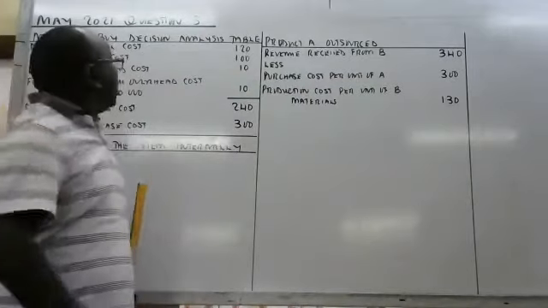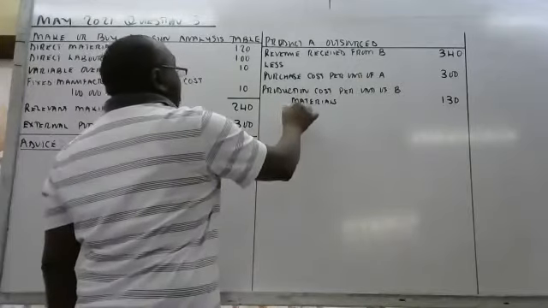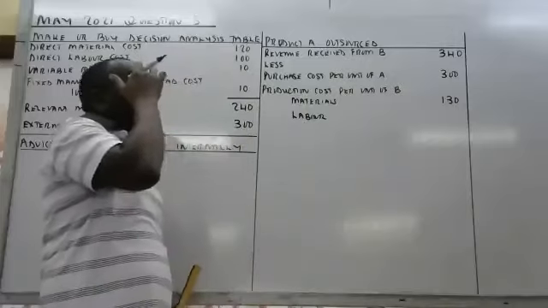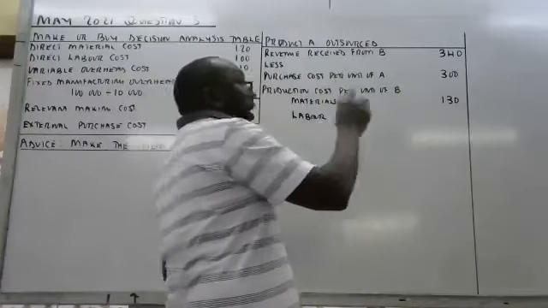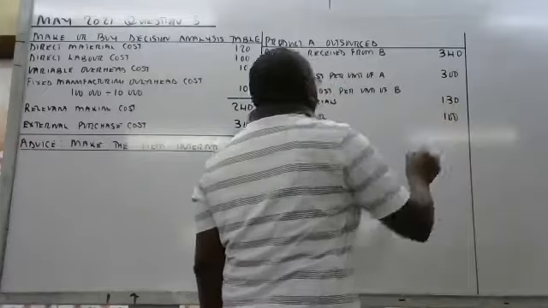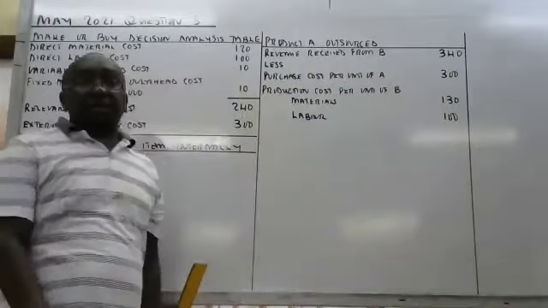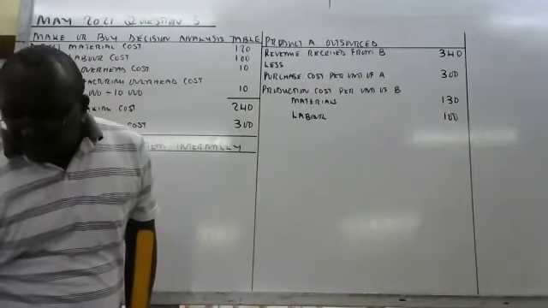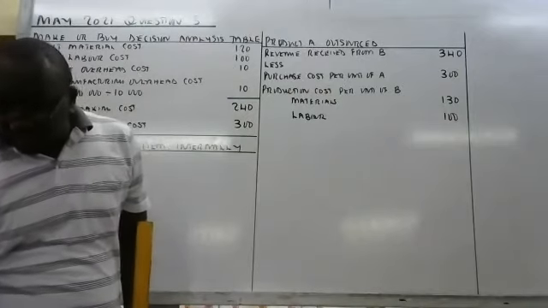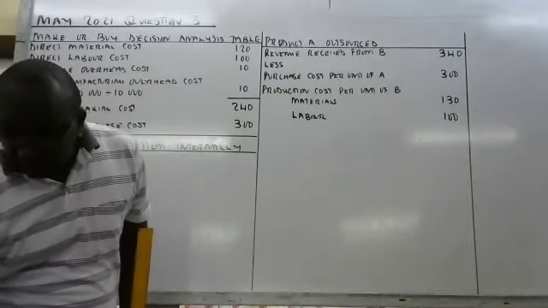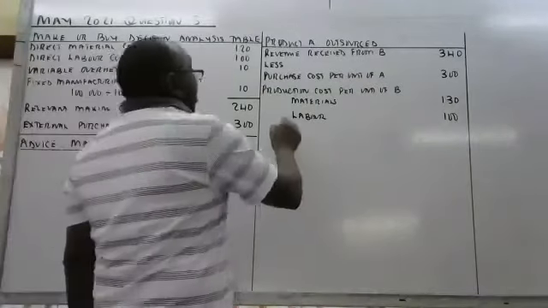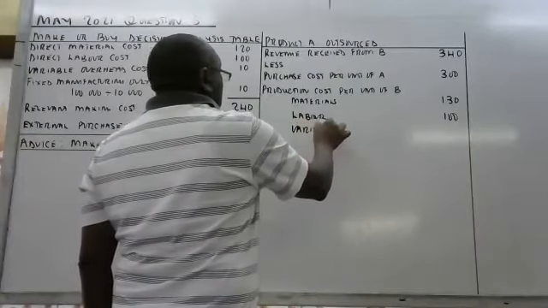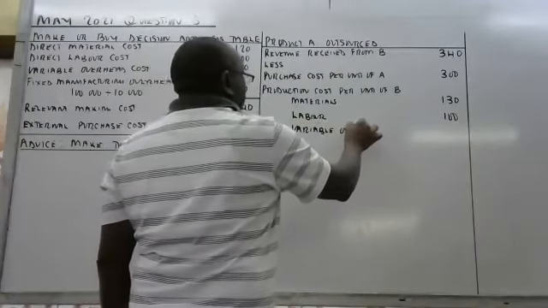We are also told that there will be labor. Labor remains the same at 100, just like we have here. That's what the question says. Then there are also the variable overheads.